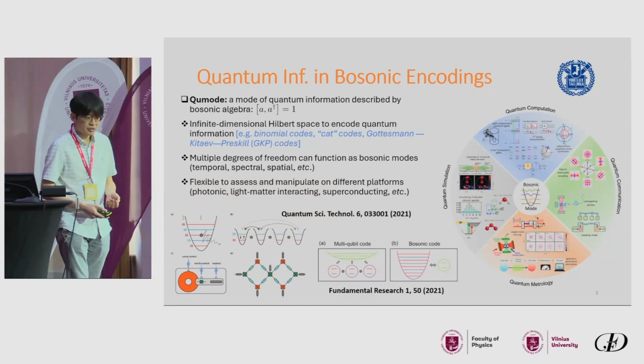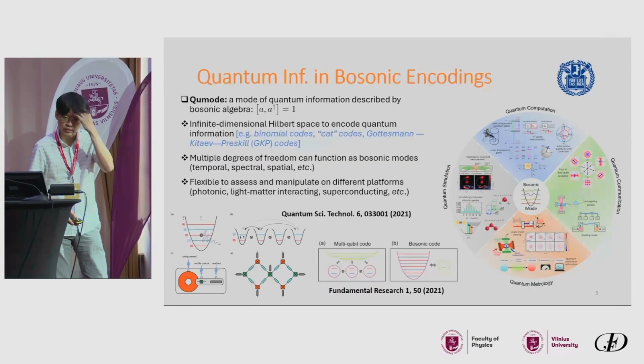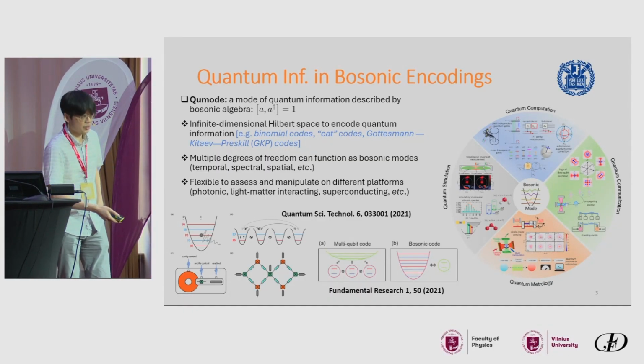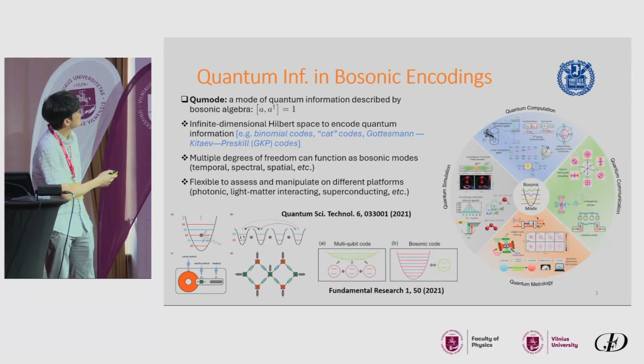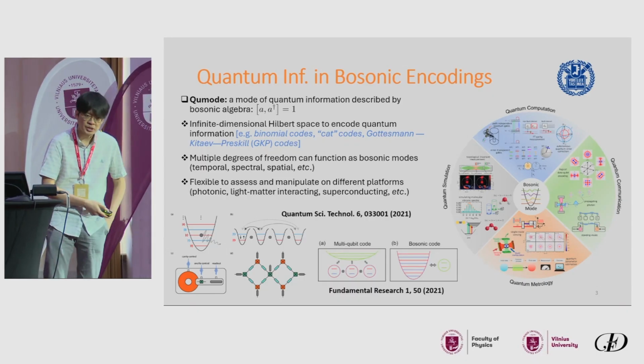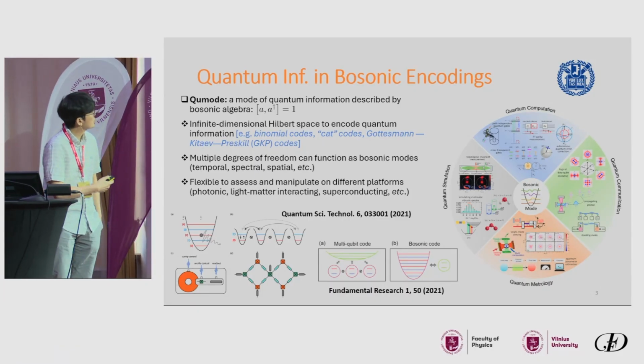And so bosonic encodings are an alternative to discrete variable encodings for error correction. I think most of you here know what they are, but I will just briefly mention that these are encodings that are described by the bosonic algebra, and common CV codes are binomial codes, cat codes, and the famous Gottesman-Kitaev-Preskill codes, GKP codes.